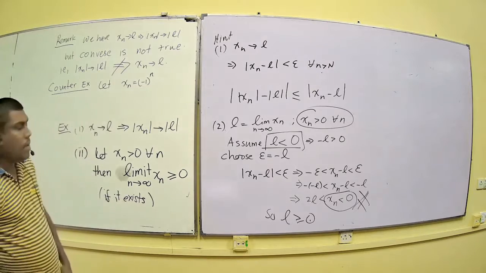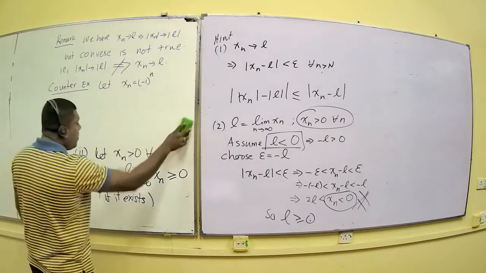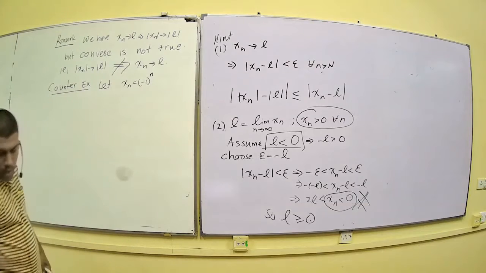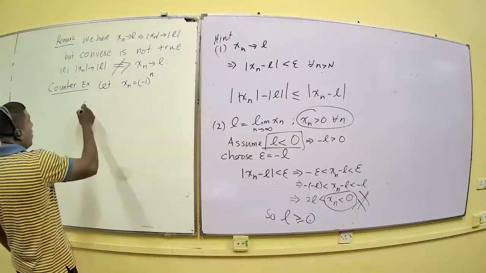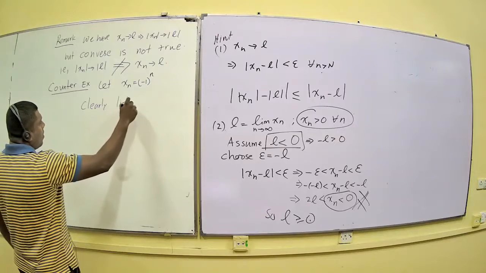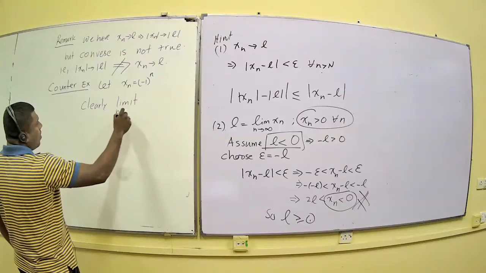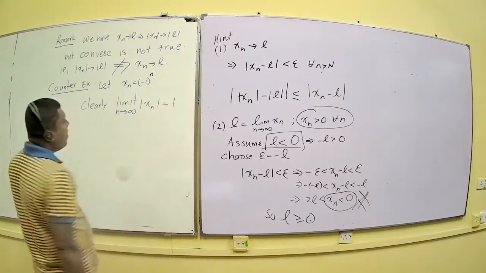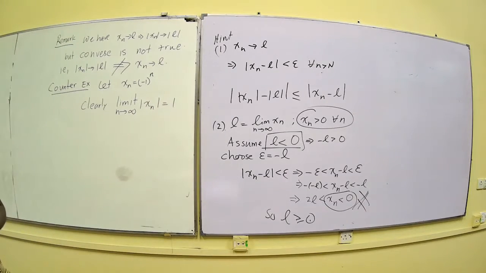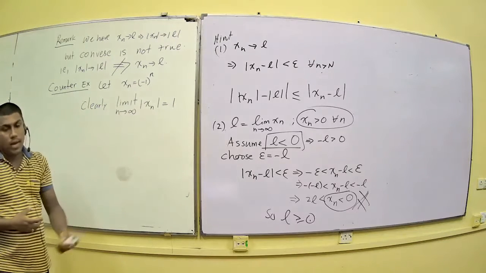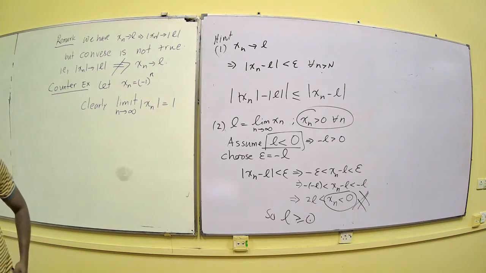You all know that the absolute value of xn is 1, because the absolute value of minus 1 to the power n is 1. So the limit is 1.